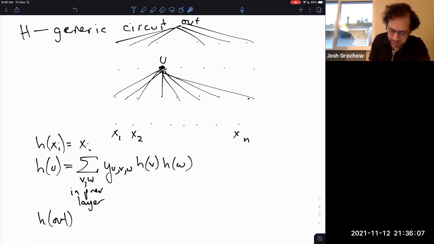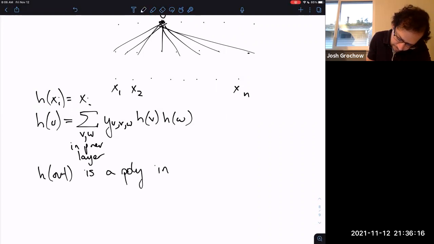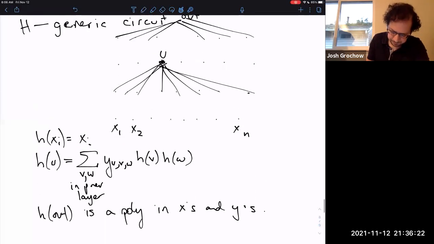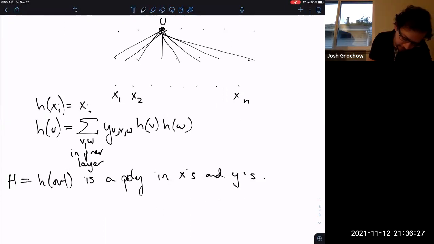You can think of these y's as weights in between the layers. And this is our H.